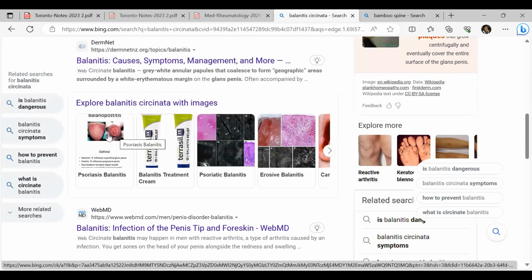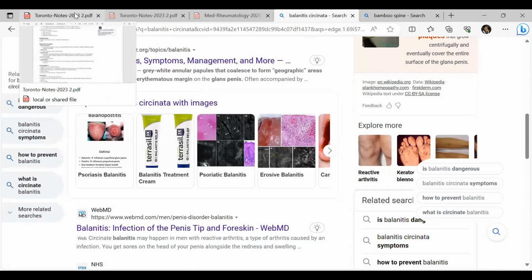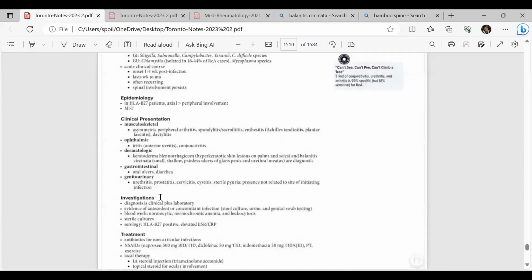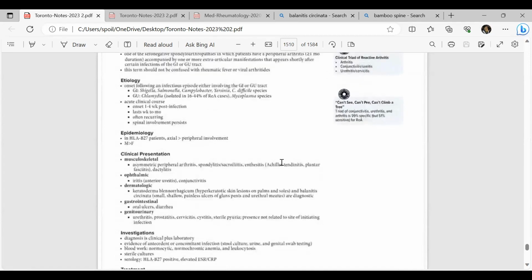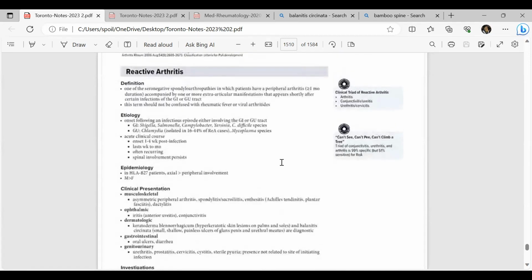So keratoderma is seen on the skin of palms and soles. Balanitis circinata is small, shallow, painless ulcers of the glans penis and urethral mucosa, and these are diagnostic. If anyone is having this, it is diagnostic of reactive arthritis.